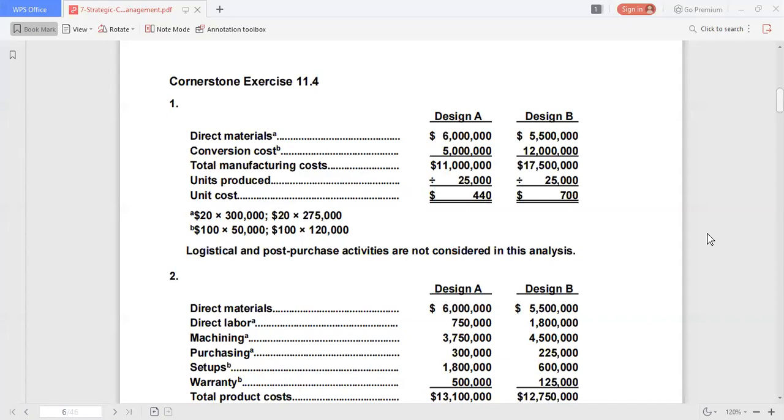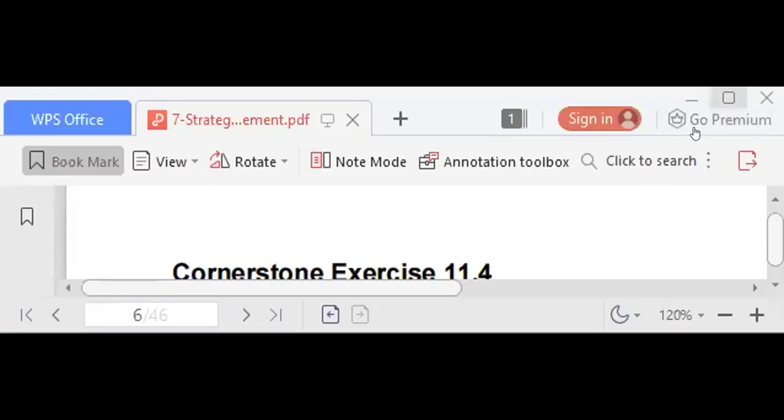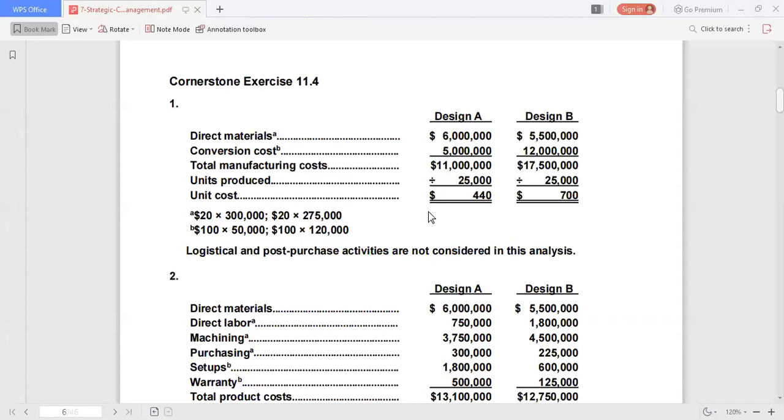For direct labor, we are now multiplying the number of labor hours by the labor rate.